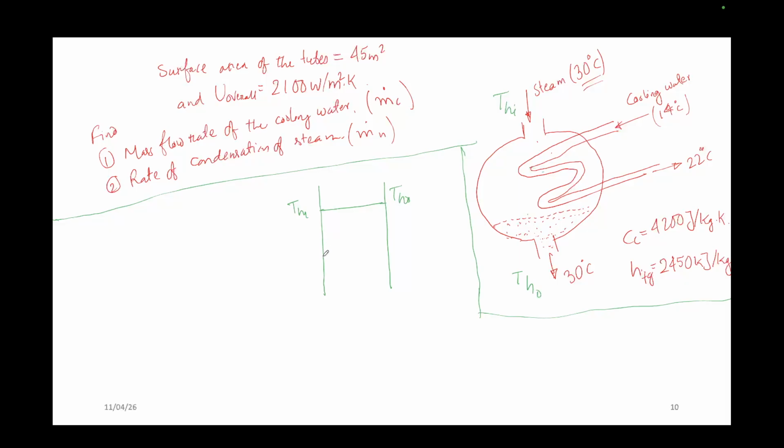So there should be a temperature profile, right? So this should be your TCO and this is TCI. You can draw it yourself on the opposite side also, this is not creating a problem. So what is basically your del T1?